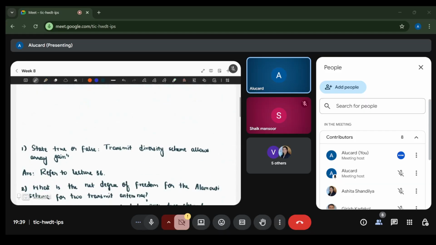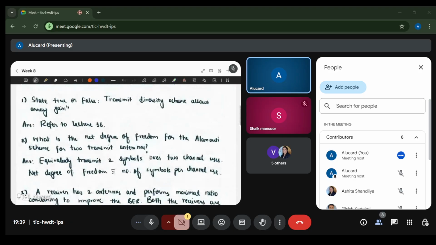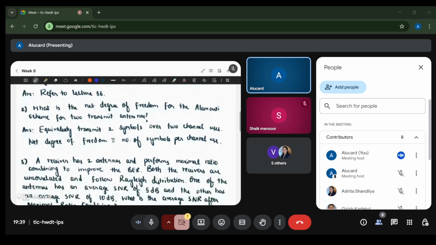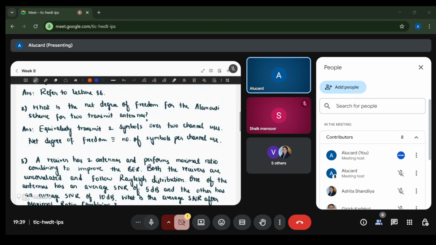So in question 1, I think there is a typo here.